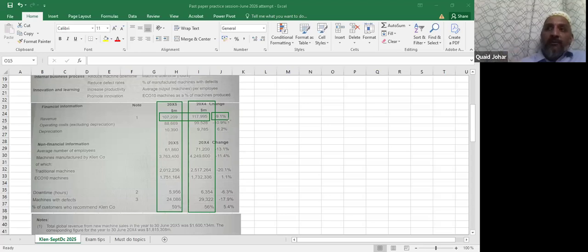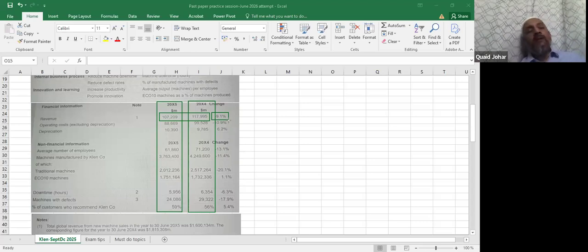If globally the performance is reducing by 20%, and this is just 9%, then this is good. A lesser decline compared to the international market or the whole market in which this business operates indicates a good sign. So it's not enough to just see that the sales of one business are reducing. It's important to compare it with what's happening all around, with other competitors and the industry.